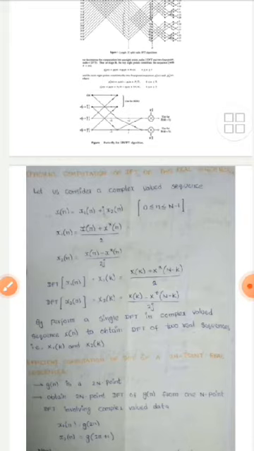So basically the FFT algorithm is used as an efficient way to compute the DFT and the IDFT. So here we can use the FFT algorithm in linear filtering and the computation of the cross correlation of two sequences.